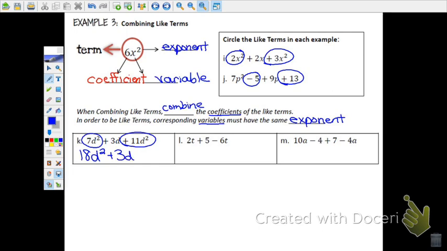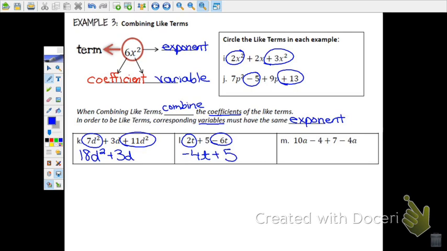In L, I have like terms in the 2 and the -6t. So when I combine them, 2 minus 6 is -4, keep the t, then bring down the 5, so +5.